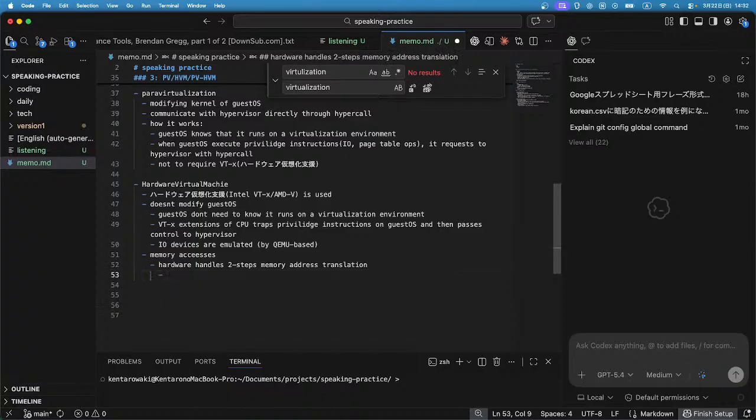So virtual address on guest OS is translated to physical address on guest OS, and then physical address on host OS. Okay. I'm getting it.